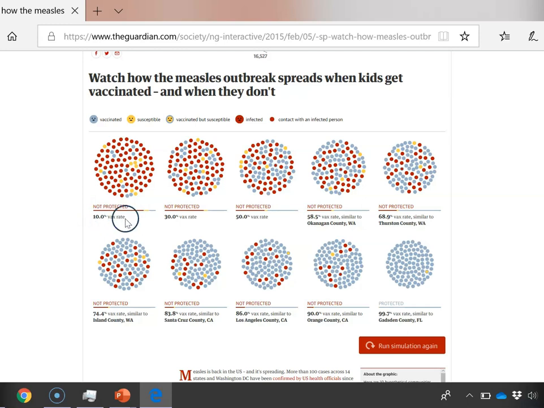But you see how quickly the number of infected individuals drops off, and this population here doesn't even have 70% vaccinated, but it's way more than 70% of this population that is protected by those vaccinated persons. So that essentially is what we mean when we discuss herd immunity and vaccines.